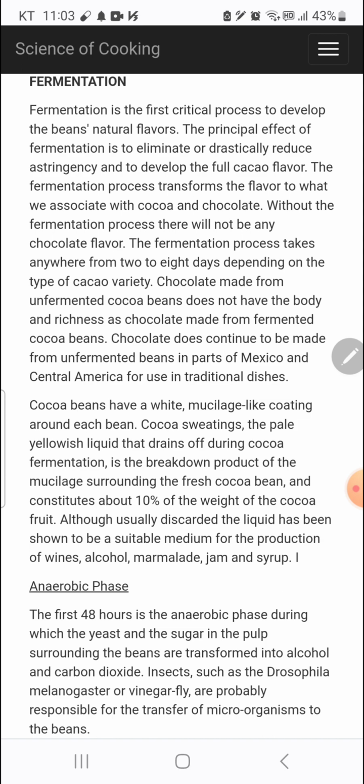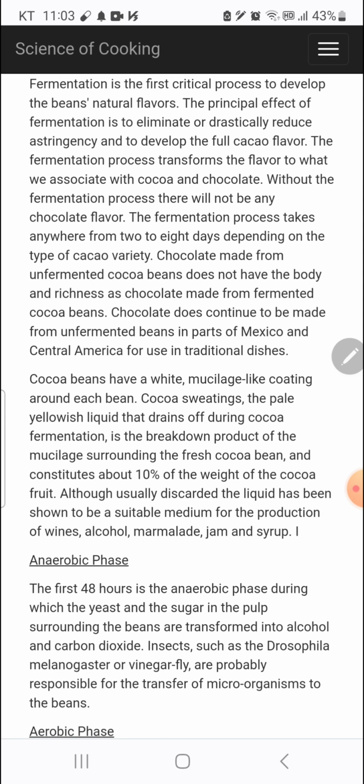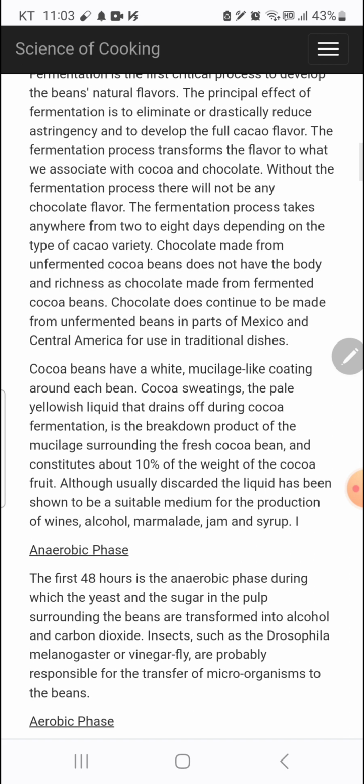To reduce astringency, tannins, tart taste. The fermentation process transforms the flavor to what we associate with cocoa and chocolate. Without the fermentation process, there will not be any chocolate flavor.